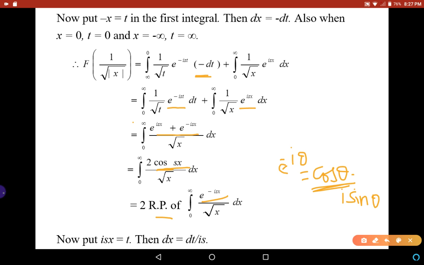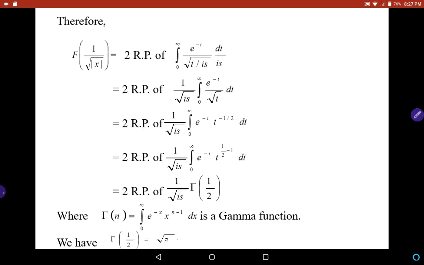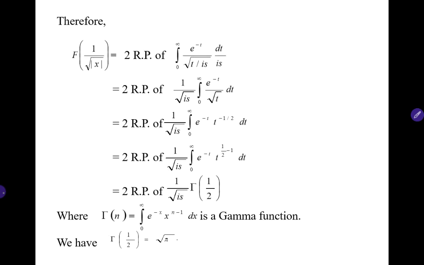Therefore, this cos sx can be written as real part of e power minus isx. Now let us substitute isx is equal to t in this integral. Then differentiating both sides we get dx is equal to dt by is. So if we substitute these values in the above integral, we get 2 times real part of integral 0 to infinity e power minus t, because isx is t.